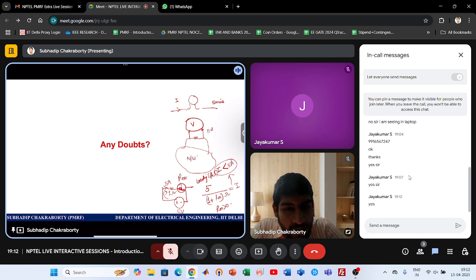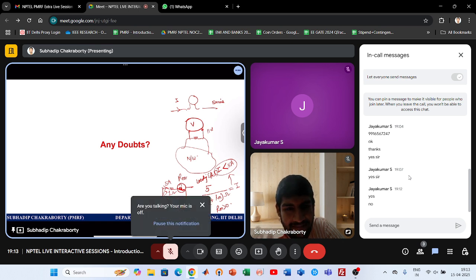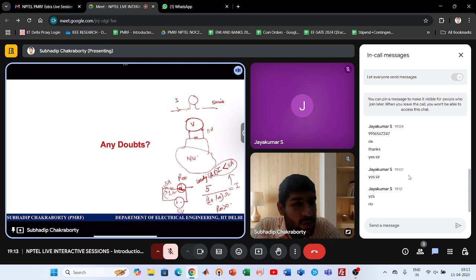So do you want this loading effect or not? Both for your ammeter, or whatever you call it, and your voltmeter. Basically the current measuring instruments they call ammeter, and the instruments used for voltage measurement in electrical engineering we call voltmeter because they measure voltage.